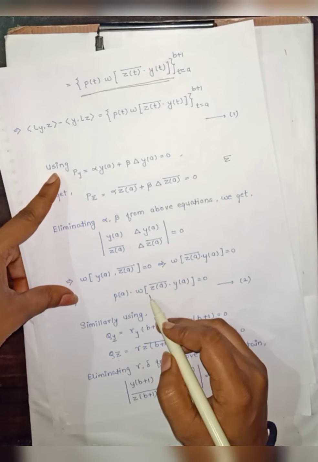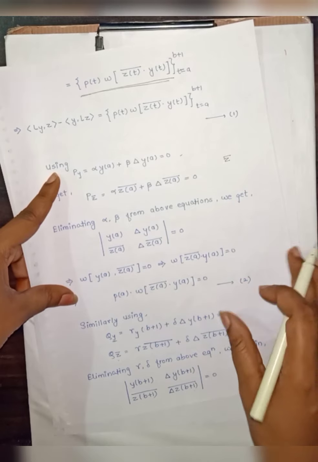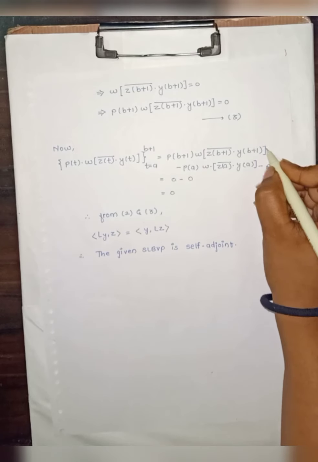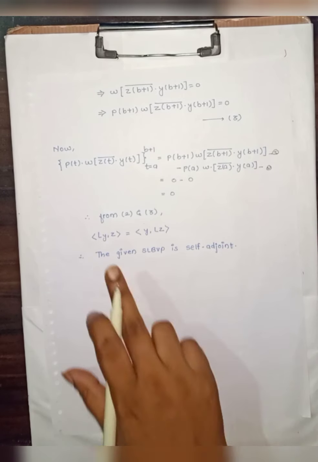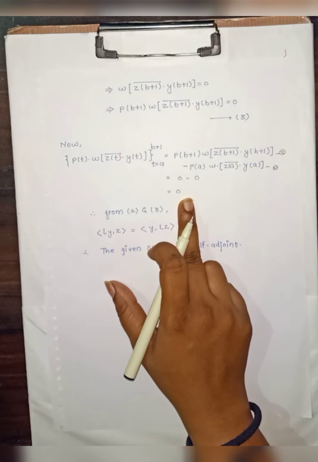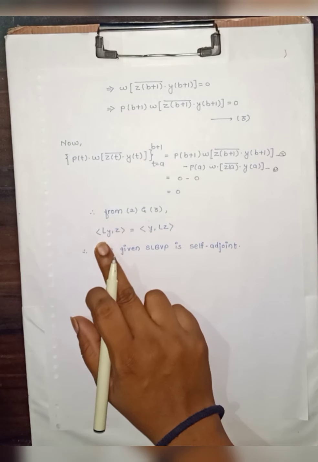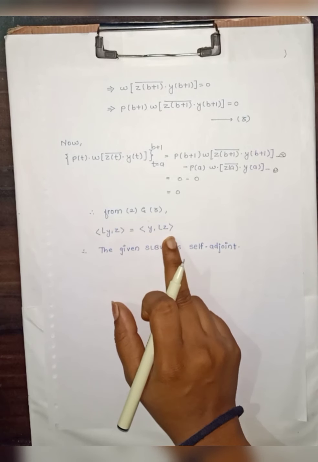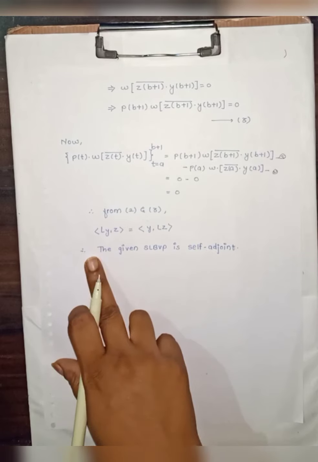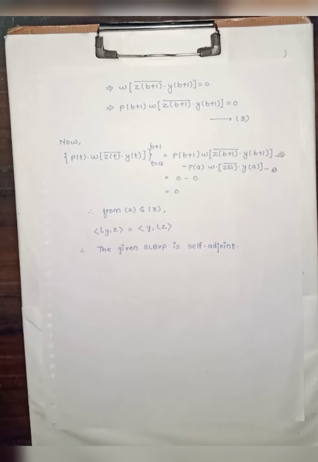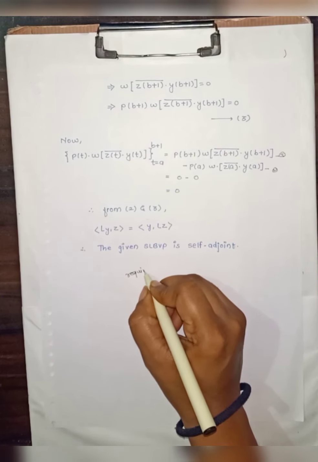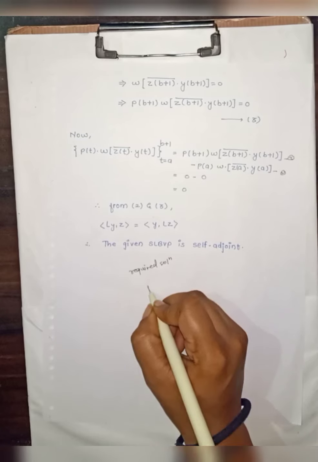Equation 2 is p of a into omega of z of a conjugate into y of a equals 0, and this is our third equation. So from 2 and 3 we get 0, and therefore the inner product of Ly and z equals the inner product of y and Lz. Therefore, the given SLBVP is self-adjoint, and that is our required solution. Hence proved.